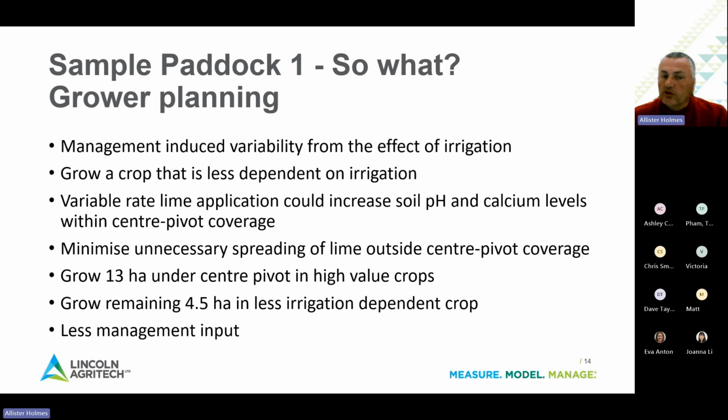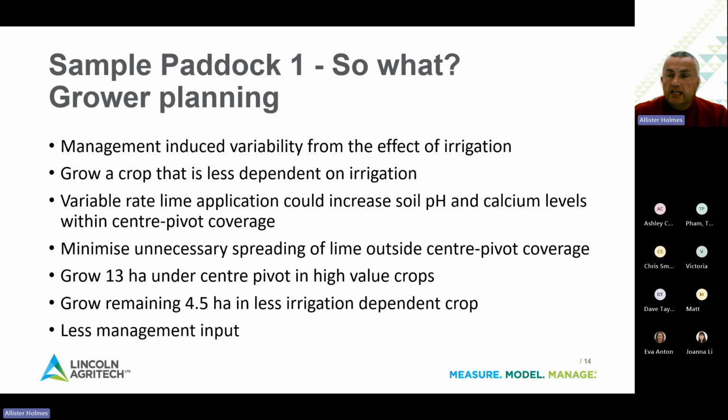They could grow the 13 hectares under the centre pivot in high value crops, and they could grow the remaining 4.5 hectares in a less irrigation dependent crop, which would then result in less management input.